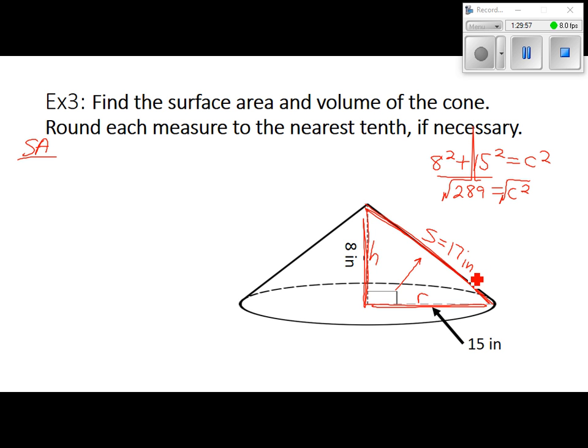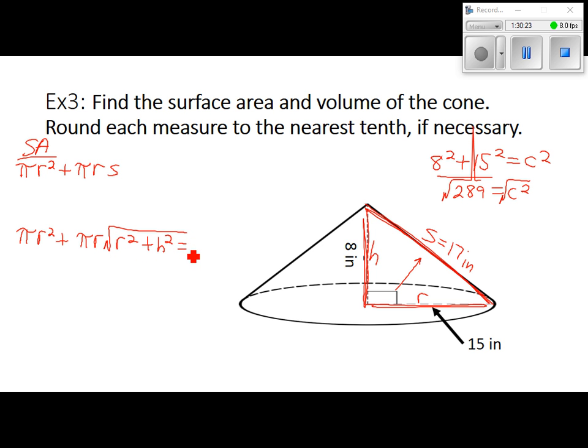So now, again, I'm gonna write these two formulas down. One of the formulas is pi times radius squared plus pi times radius times slant height. We could use that one, or we could use pi times radius squared plus pi times radius times the square root of radius squared plus height squared.